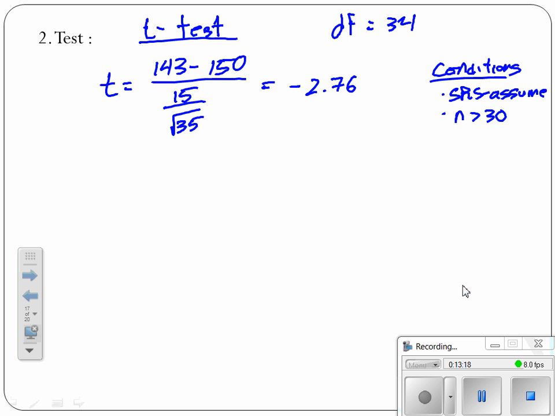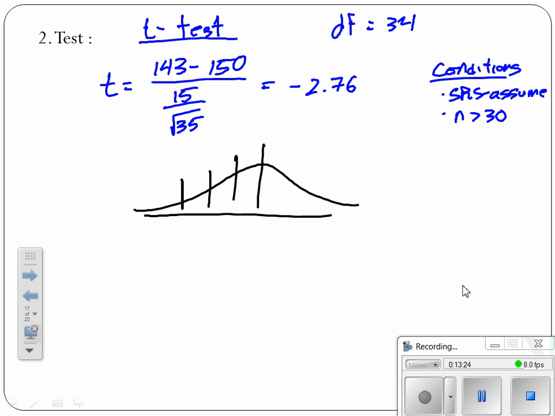So with that test statistic, one of the ways to look at this, how likely is it that we're either 2.76 standard deviations below or 2.76 standard deviations above, right? So on a standard curve, how likely is it that we're this far out? So our p-value is actually going to be these two areas added together.